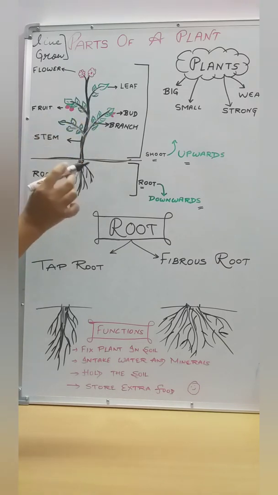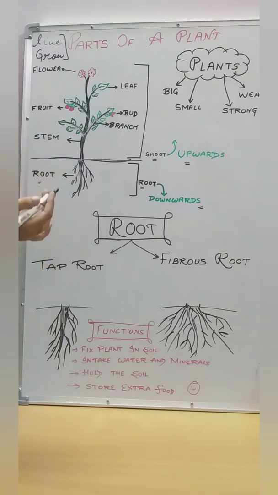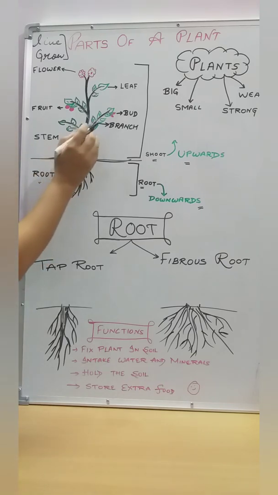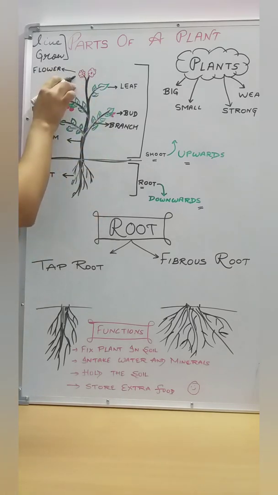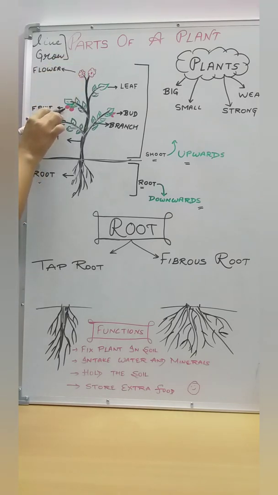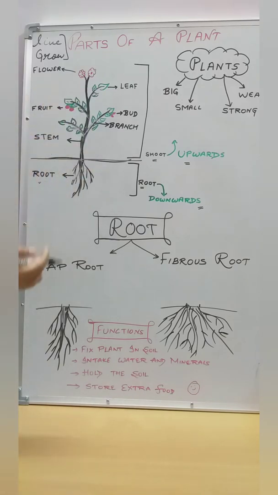And do you know, these leaves help the plant to make food. Here you can see some buds are there. These buds will open and beautiful flowers will come out of that. You can see fruits also. So these are all different parts of the plant. We are going to read about these in detail.